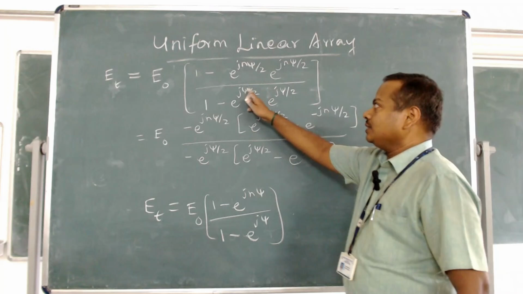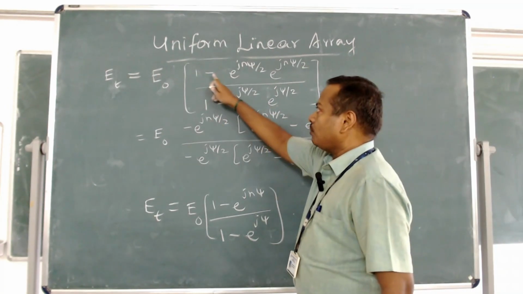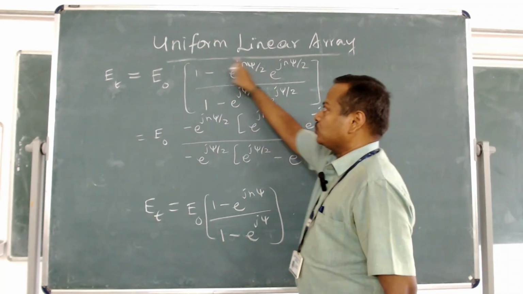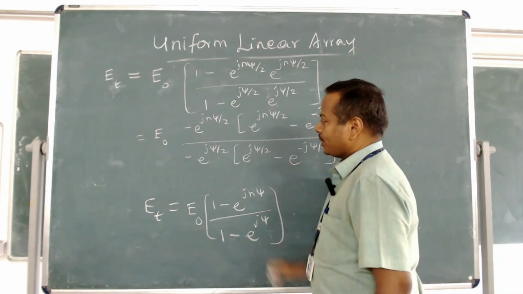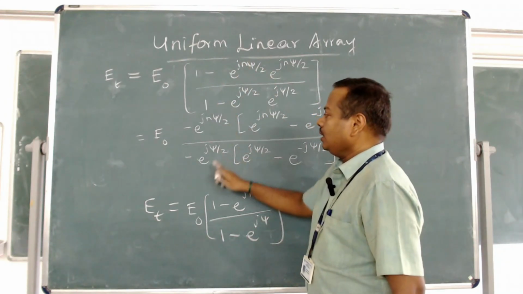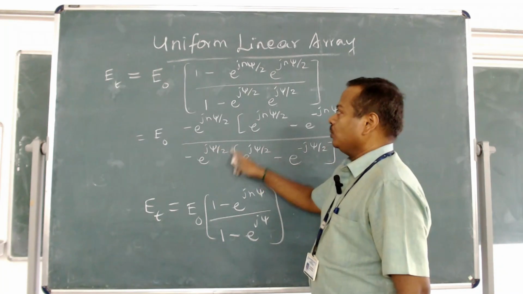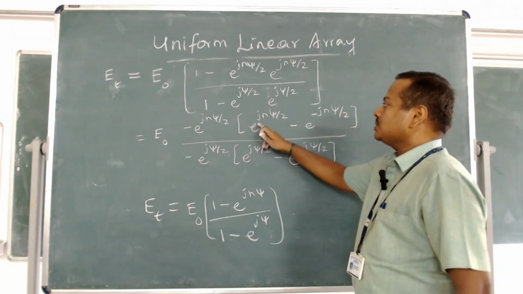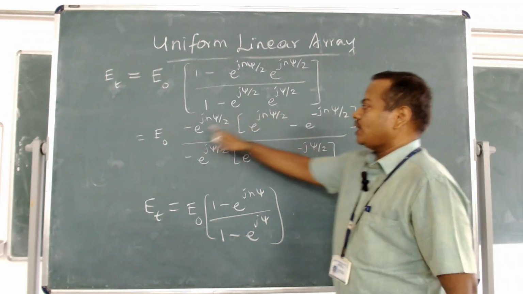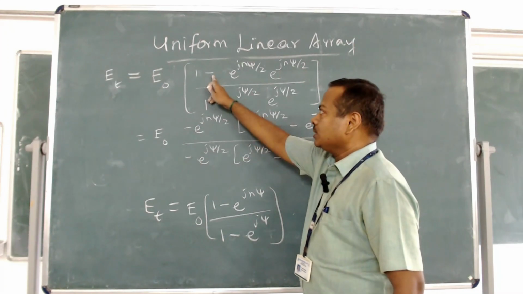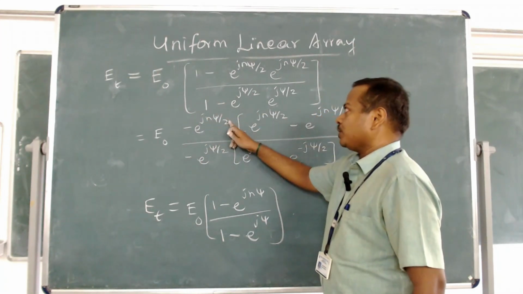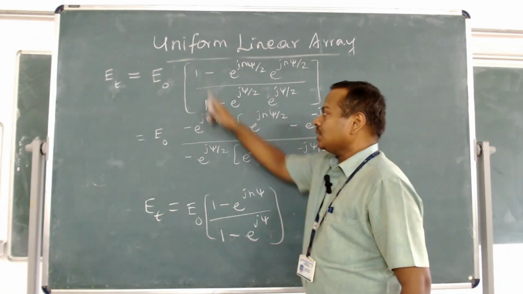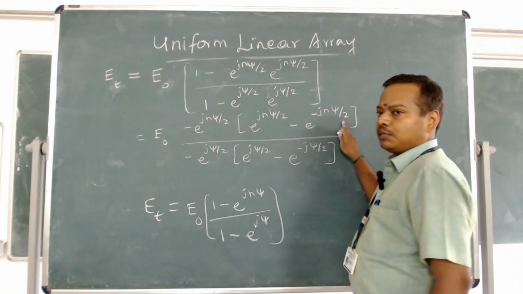Now we take e power j n psi by 2 outside from the numerator, and the numerator becomes e power j n psi by 2 minus e power minus j n psi by 2.